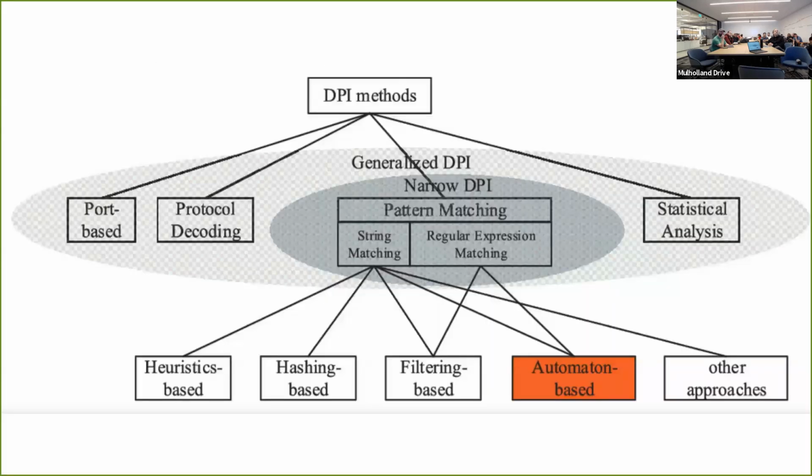So there's a few different types of DPI, but we're mostly just going to focus on the pattern matching type. Port-based stuff is really easy to bypass. Just move to a different port that's open. Protocol decoding is a bit trickier, and statistical analysis, that's the thing that we were doing with Zeek before, identifying the longest sessions and then blocking that, or at least alerting on it so that someone knows.